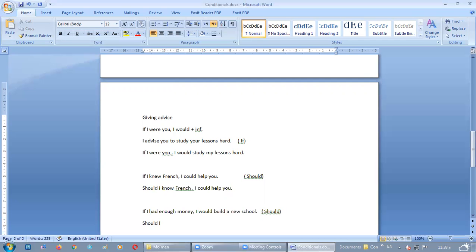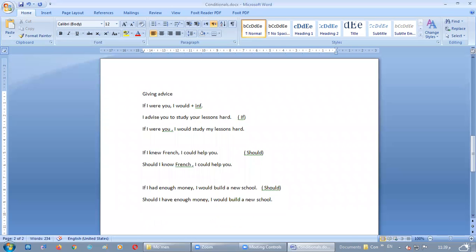Should I, and you make the verb in the base form, which is have enough money, I would build a new school. This is for should. When you want to use should instead of if, after should you're going to put the subject, and after that the verb in the base form.